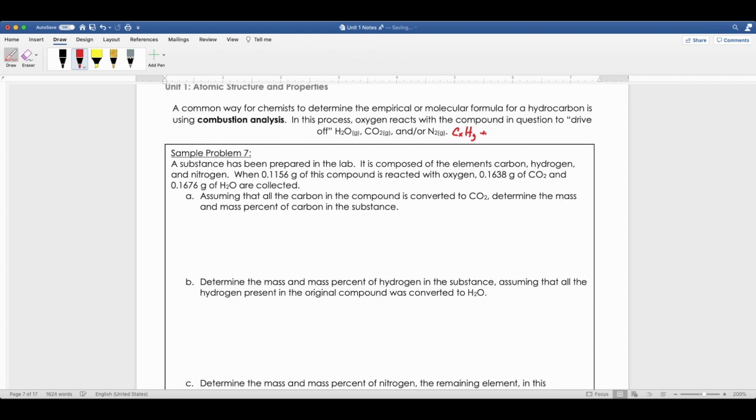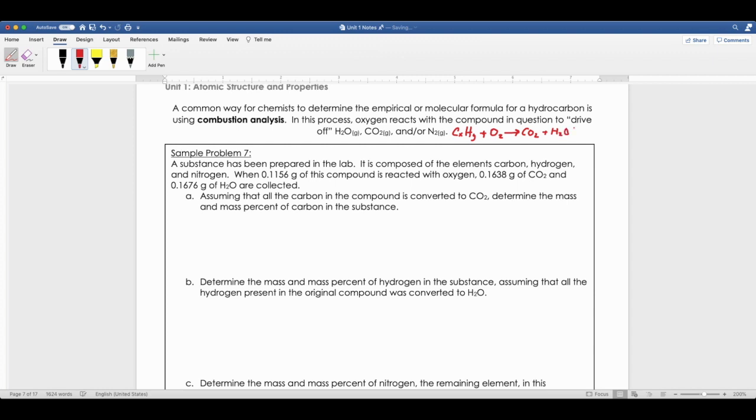But generally, I'm just going to put C and H here. And combustion, of course, you're reacting that particular compound, whatever that hydrocarbon is, right? I didn't include oxygen, I didn't include nitrogen, but it could include those two. We're reacting it with oxygen. And the products of a combustion reaction are always carbon dioxide and water.